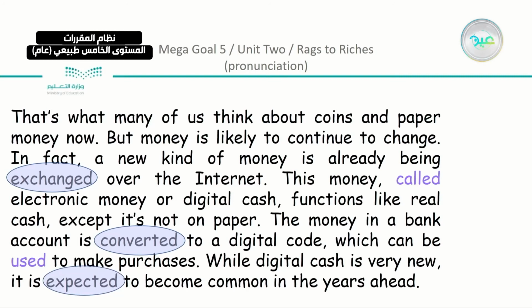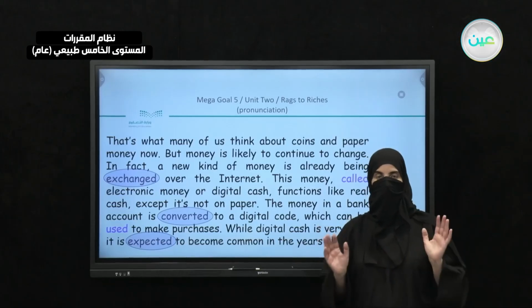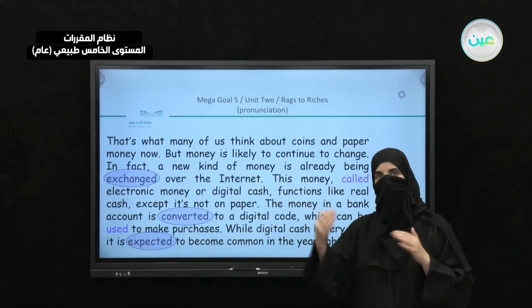Expected. Okay? So you notice that all the words that we pronounced had the ed. And I told you to divide. So we'll see the result.